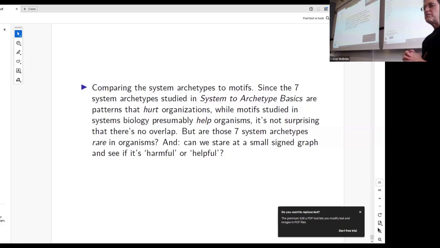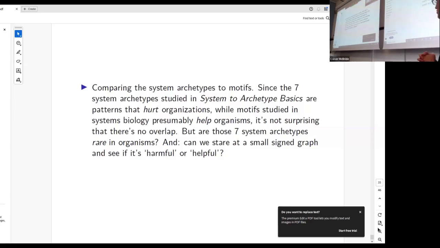Why? Maybe because people haven't looked for them, or maybe because since organisms have been evolving for millions of years, they've managed to work out some of the bugs, and those motifs are not typically present in what are called regulatory networks of those organisms.